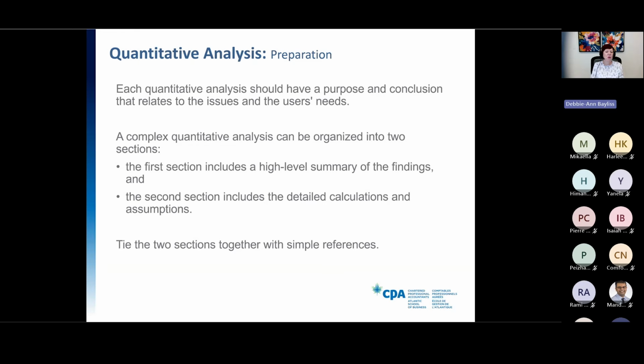Say that you have to calculate business income, and there are many add backs and many deductions. In the first section, you just have one line that shows the total add backs and the total deductions. In the second section, under the add backs, you would break each of those down individually. Therefore, your response is easy to follow.